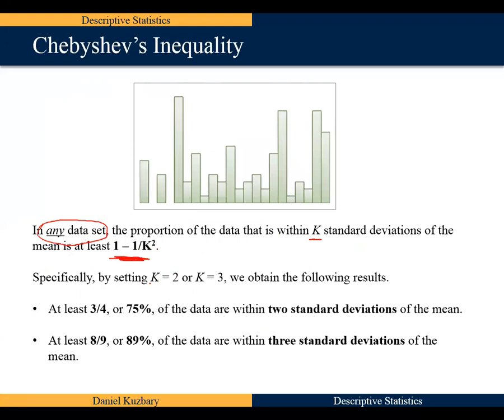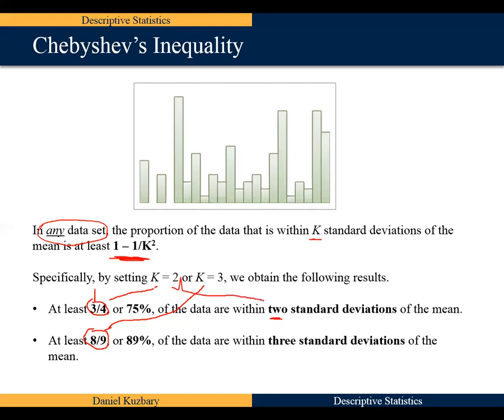If you set k equal to 2, this is 1 minus 1 over 4, which ends up being 3 over 4. So that's with k equal to 2. For k equal to 3, this is 1 minus 1 over 9, or 8 over 9. And that's that number right there. So what we can say then is at least 3/4 of the data are within 2 standard deviations of the mean.